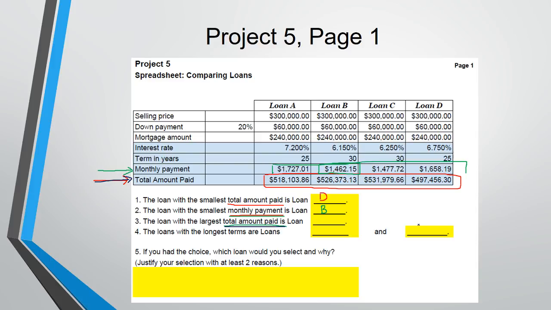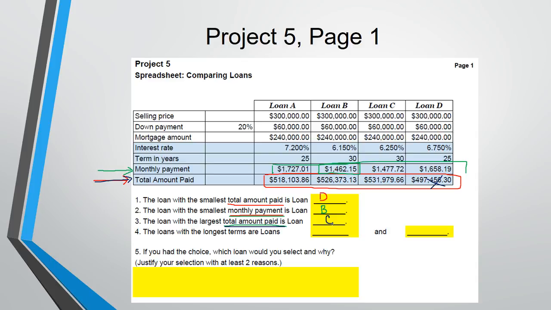We know D had the lowest. We got that from question 1. Now let's take a look at the other three. Which number is the greatest? Looking at it, you'll see that loan C, which is $531,979.66, is the highest. We're going to put the letter C because that represents loan C.